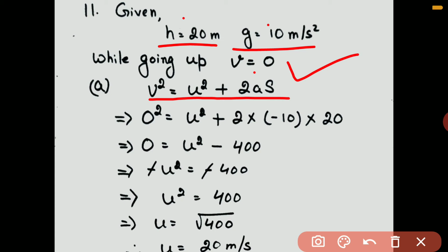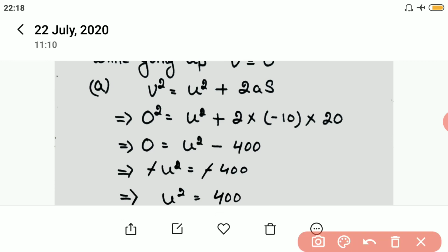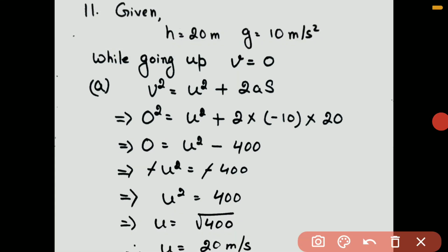Therefore using this equation and replacing the values here, v becomes 0, v square is 0 square, u square remains here, 2 comes here, multiplied by a. Now a becomes minus 10. I hope you understood why minus 10, because the ball was going up, multiplied by 20.